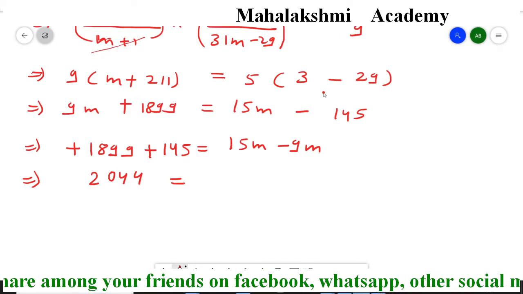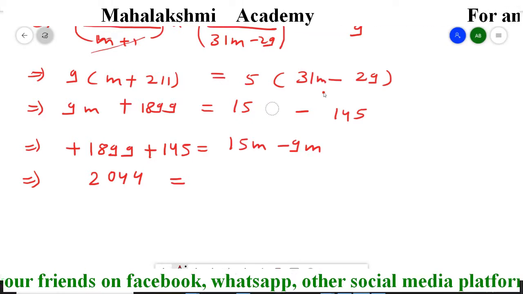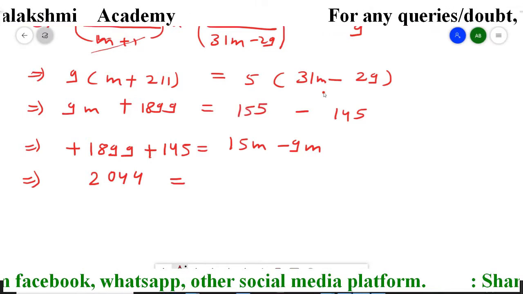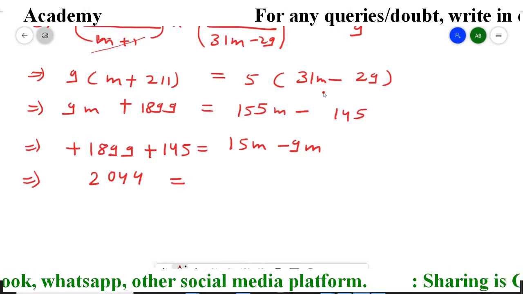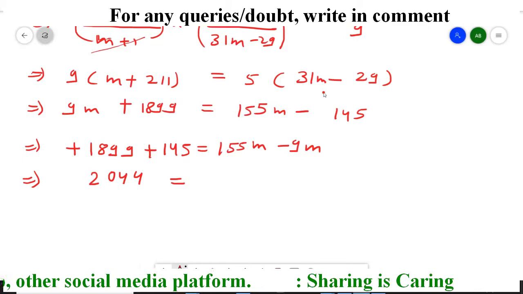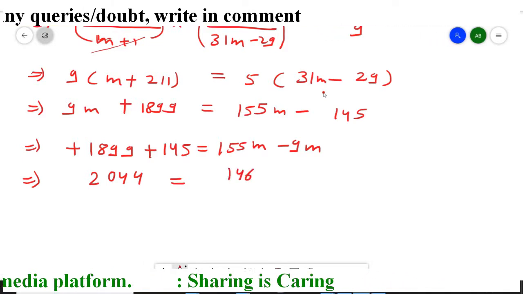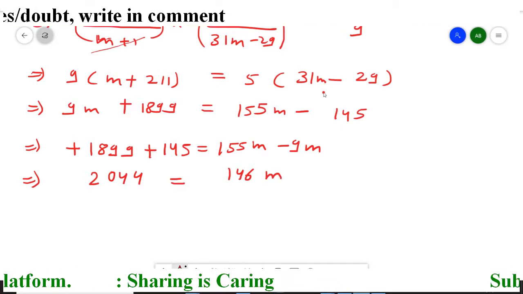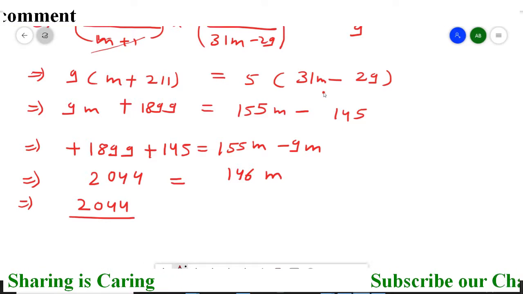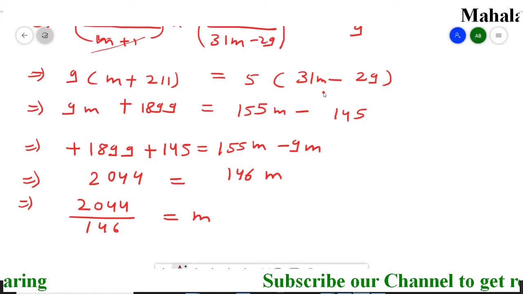It's 31M, so I'll write it correctly so that it is clear: 5 times 31 is 155. Now we'll subtract, and that will give us 146M. Now we want M, so 146 will go to the division, and that is going to give us M.